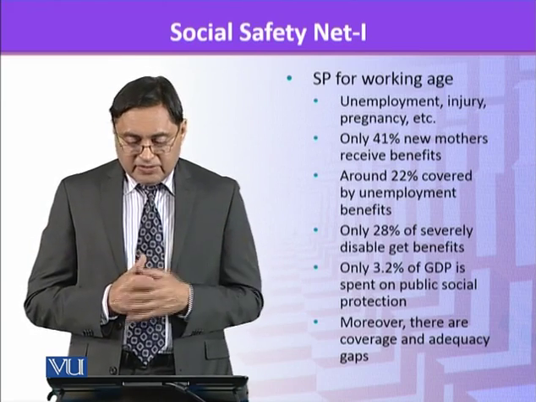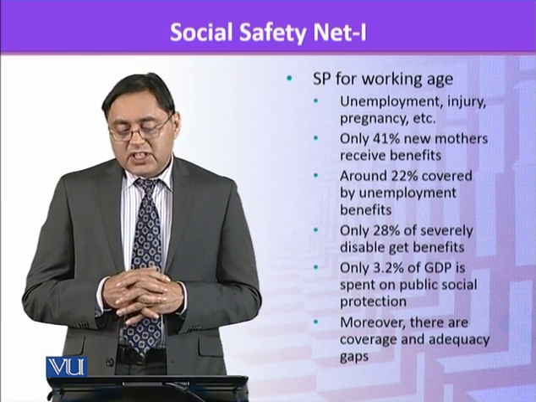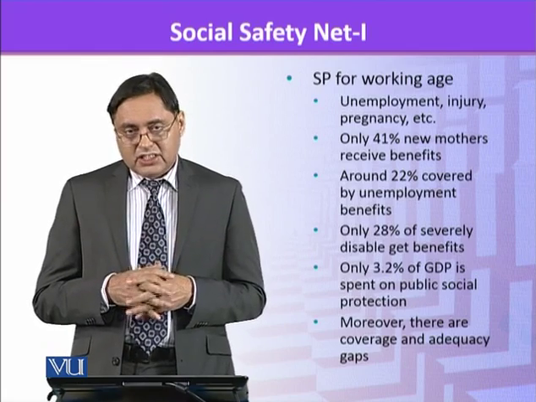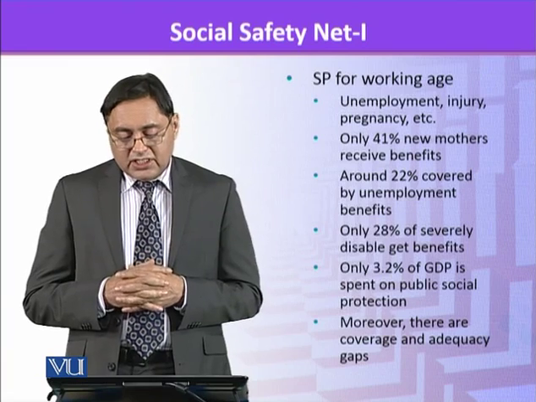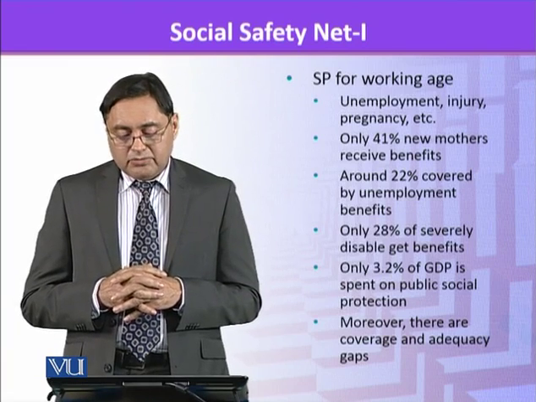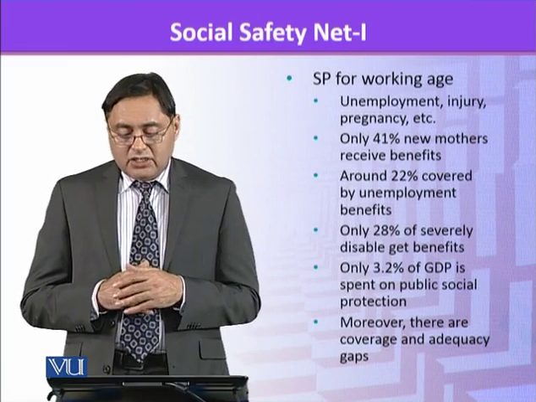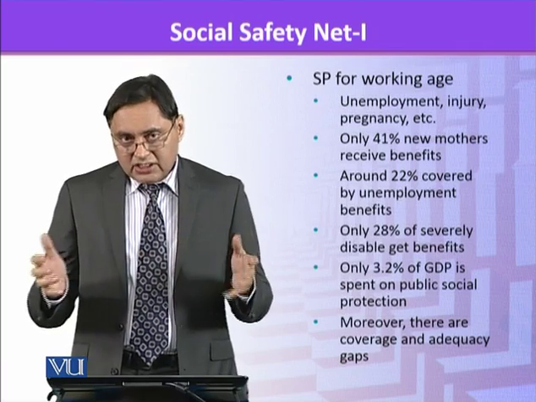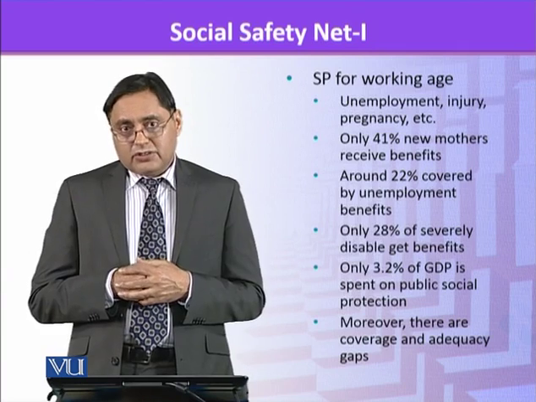Government will not provide them anything. Only 28% of the severely disabled get benefits. So this is one area again where Pakistan and Asia and Africa are lagging behind. Most of the disabled and severely disabled are not provided anything. So families have to bear all kinds of expenditures related to their health, related to their survival.